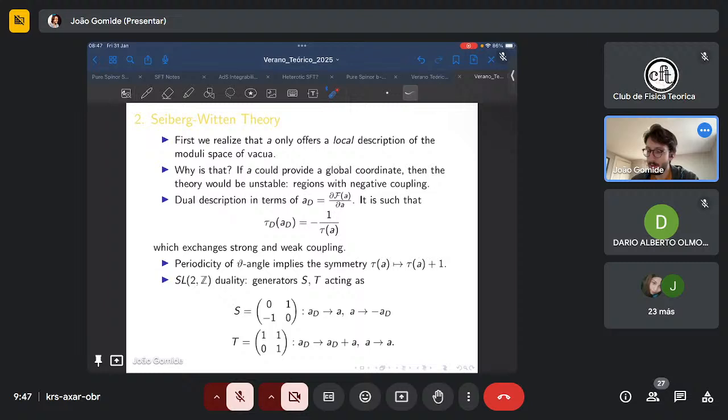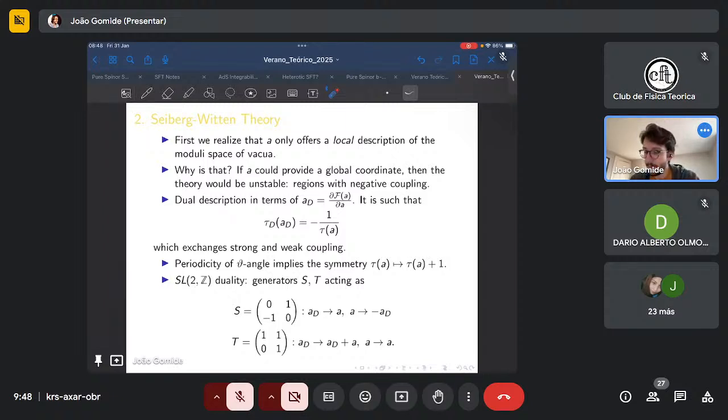And finally, we have the theta angle in the action. I don't know if you recall, it is the term with the instanton counting there. And the theory is symmetric under adding 2 pi to the theta angle.